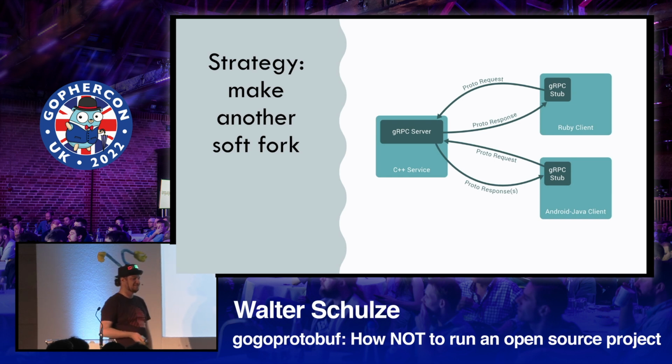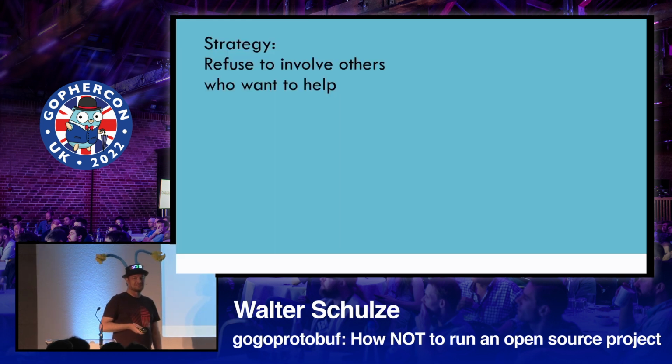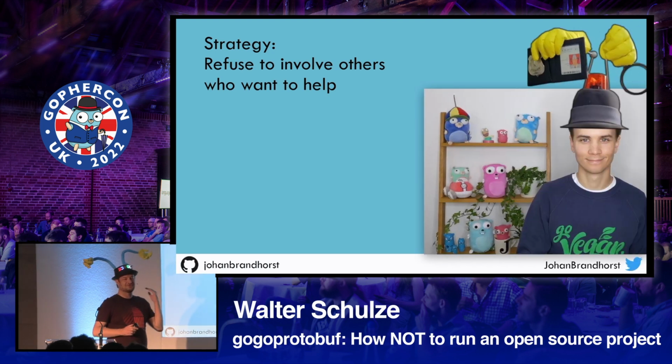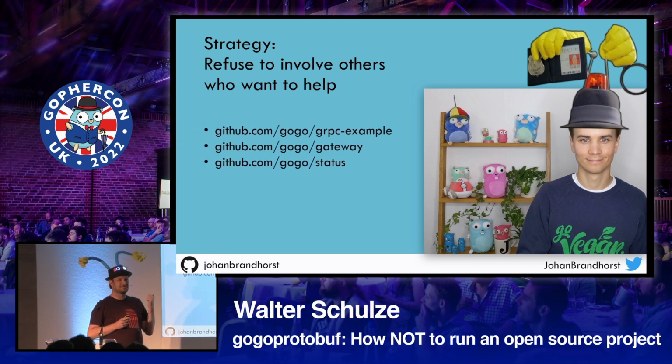Very smart. Luckily, I was at FOSDEM, where I met Johan Brandhorst, who convinced me there was a much better way to go about it, and he created a gRPC example, which showed how to integrate gogoprotobuf with gRPC, and he did this by creating two very small repos, very easy to maintain, gateway and status, and he worked with the gRPC Go team to make the changes in gRPC Go that were necessary for it to also integrate gogoprotobuf.